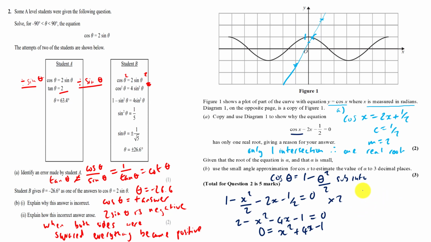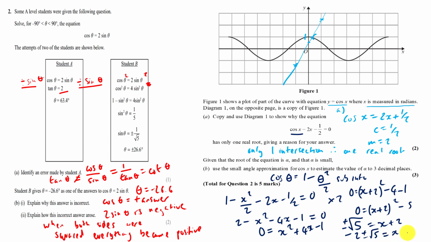Completing the square will be quite easy as well. So that's 0 equals x plus 2 squared minus 4 minus 1. 0 equals x plus 2 squared minus 5. So we can get plus or minus the square root of 5 equals x plus 2. And also we're going to get minus 2 plus or minus root 5 equals x.